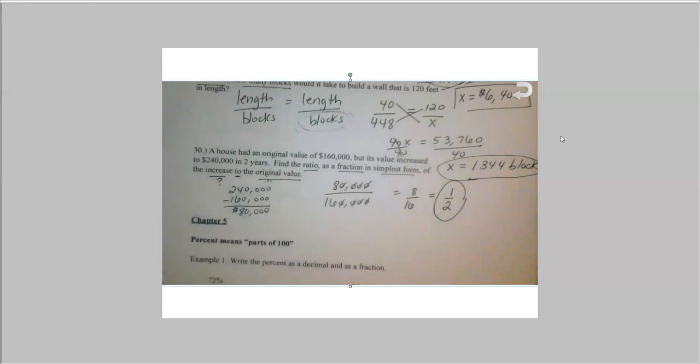This told me how to set up that ratio. 2 over 1 is not the same answer. I'm not setting up original value to increase, but it was the increase in value to the original value. So how much did it go up to the original amount? So read that carefully.